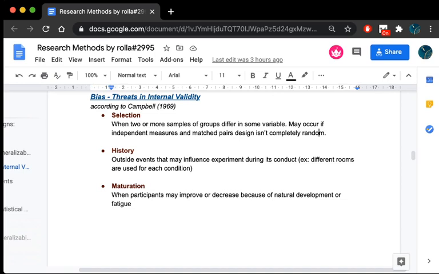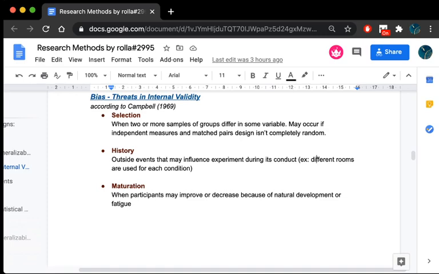So maybe in an experiment, you divide participants in a way that the control group tends to be less well educated, while the experimental group might be more well educated because of a certain condition or criteria that you set, which causes the sample to be unbalanced in the first place.